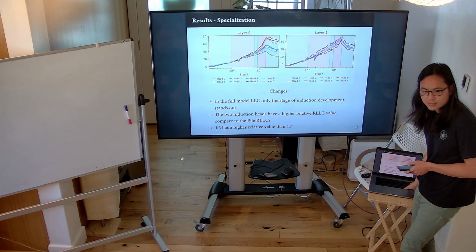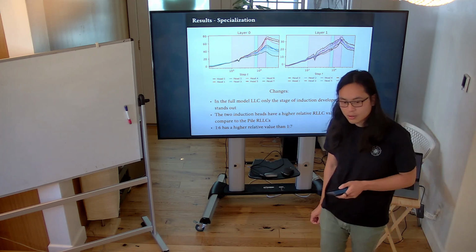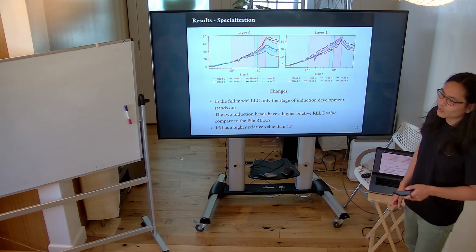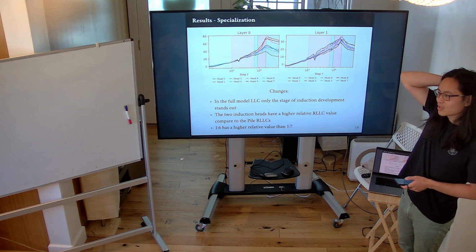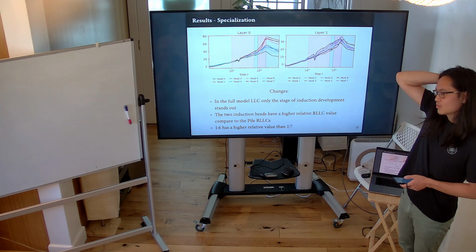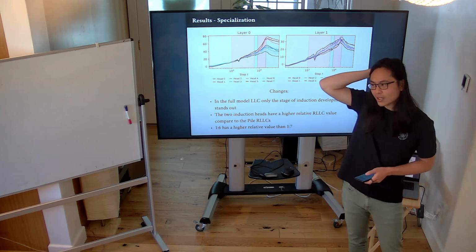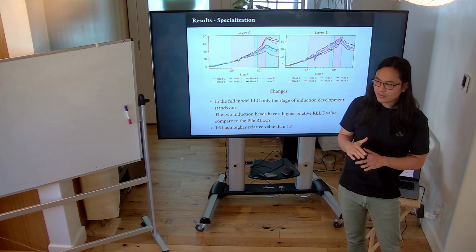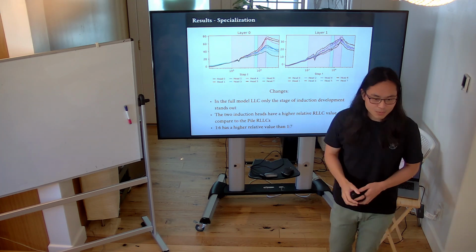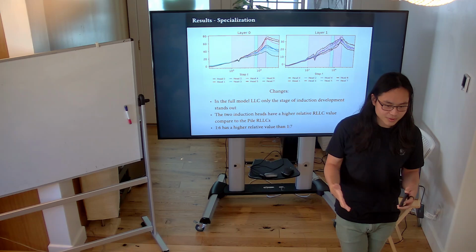Well, these scores go down at the end. So we have some speculation about this. In general, the reasons why LLC goes up or down are a bit speculative.